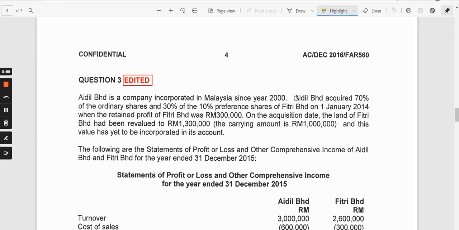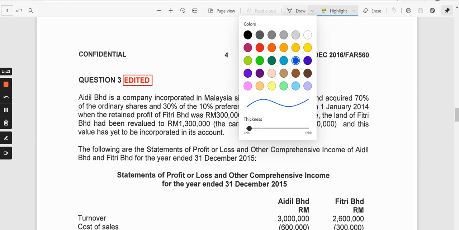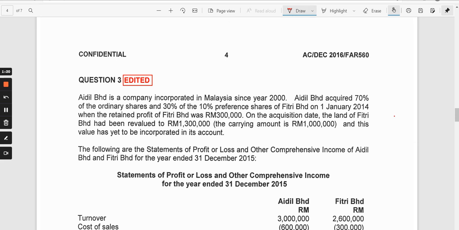AIDIL GROUP acquired 70% of the ordinary shares and 30% of the preference shares in Fitri, the subsidiary company, on 1st of January 2014.